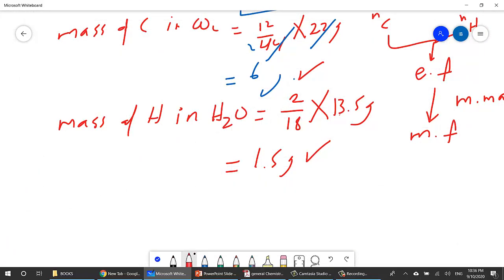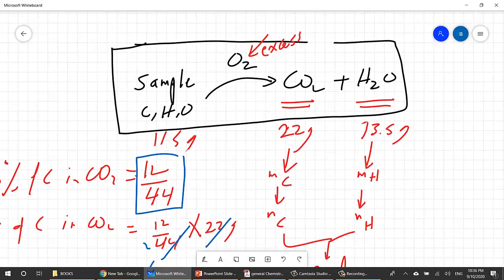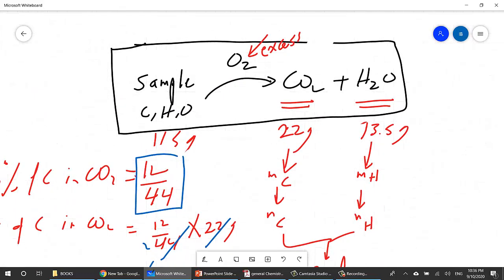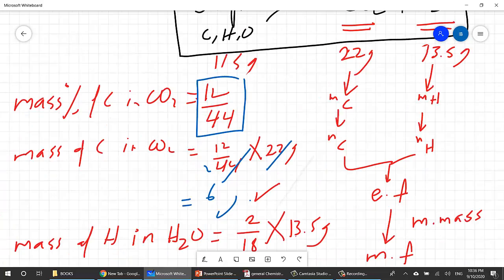So you say the mass of oxygen. This is the smart idea. You are not able to calculate the amount of oxygen from CO2 and H2O. You never do that, because remember, there is excess oxygen that we are adding. So the only way to do it is by subtraction.